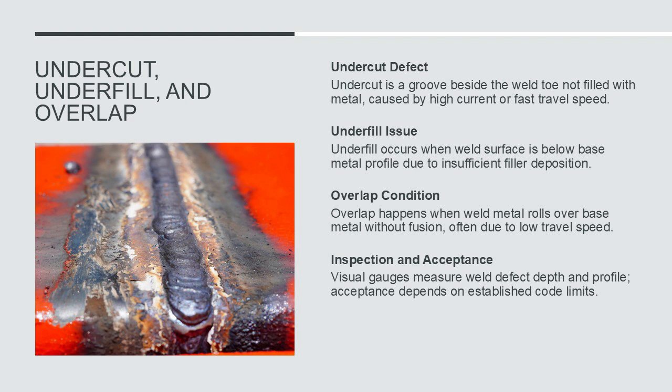Overlap happens when weld metal rolls over the base metal without fusion at the toe, typically from low travel speed or incorrect electrode angle. These discontinuities affect fatigue resistance and structural integrity. Inspection uses visual gauges to measure depth and profile, and acceptance depends on code limits.